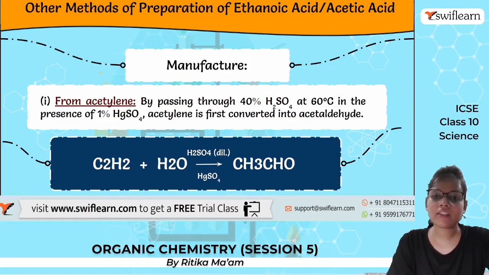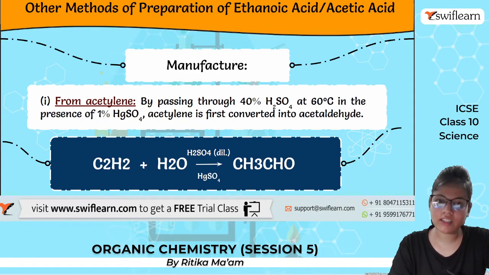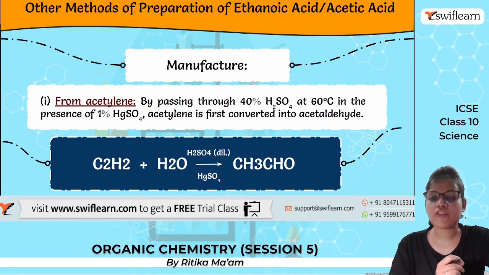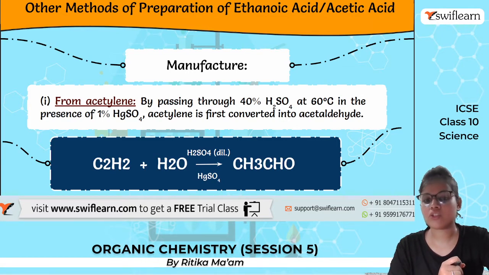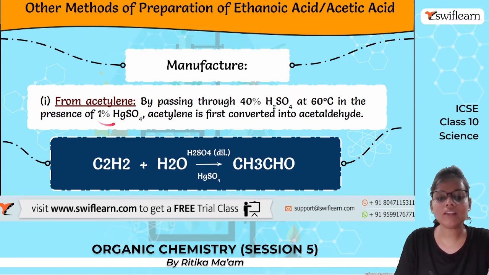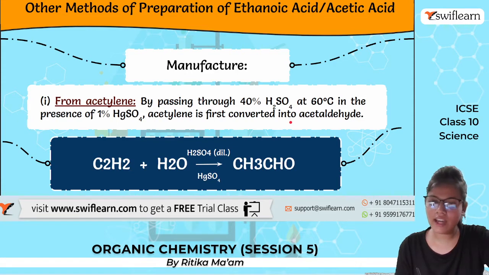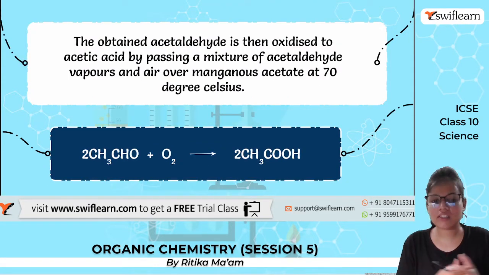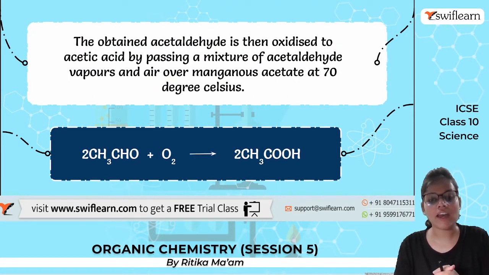Next, other methods of preparation of acetic acid. First is from acetylene. So what are we doing? If we pass 40% H2SO4 at the condition of 60 degrees Celsius in the presence of 1% HgSO4, these are all catalysts, acetylene is converted into acetaldehyde, and if we further oxidize it, we will be getting the acid.